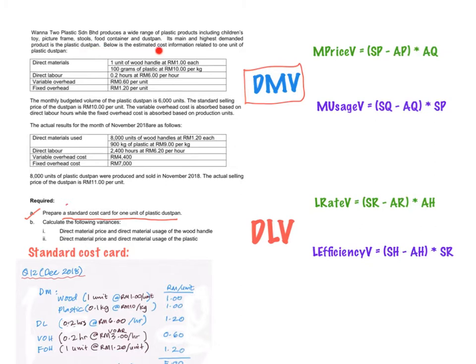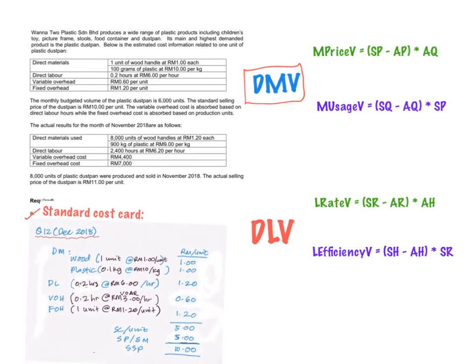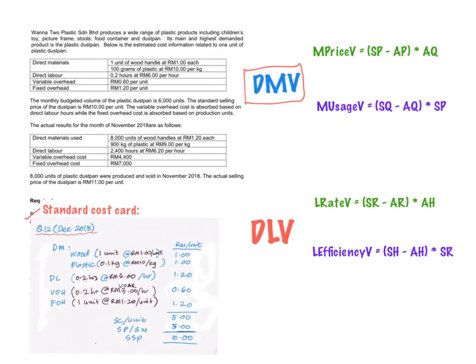So this is the estimated cost information related to 1 unit of dustpan. In our previous video, we already illustrated how you can come up with the standard cost card. Based on this question, we will get this cost card.